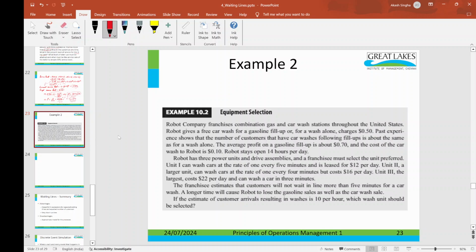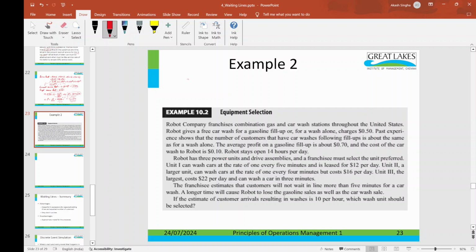Yeah, so I just gave it a read: a car wash alone charges $0.50. Past data shows the average profit on a gasoline fill-up is about $0.70, and the cost of a car wash to the robot is $0.10.